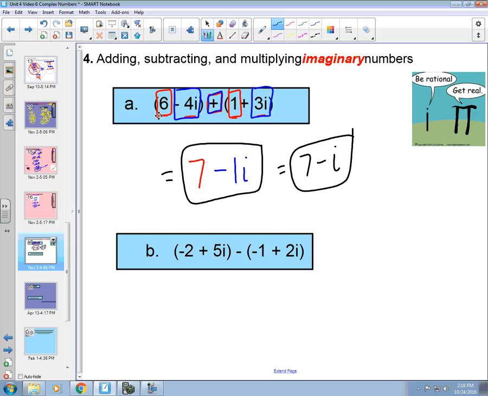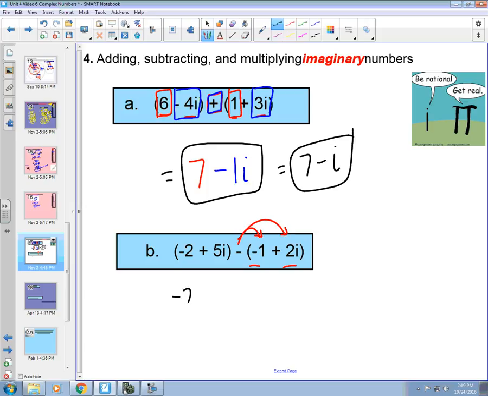This one we are subtracting two complex numbers. Now subtraction's a little bit tougher. What you got to see here is if we're subtracting, we're not only subtracting this real part, we're also subtracting this imaginary part. So it's almost like when you're subtracting and there's a parentheses, you got to distribute that negative sign.